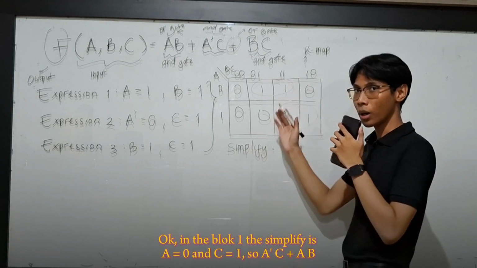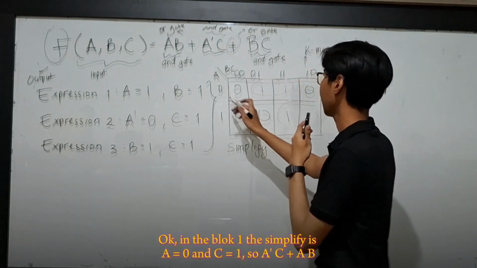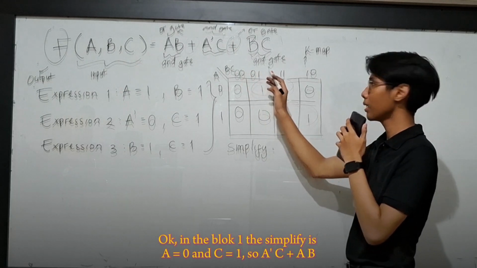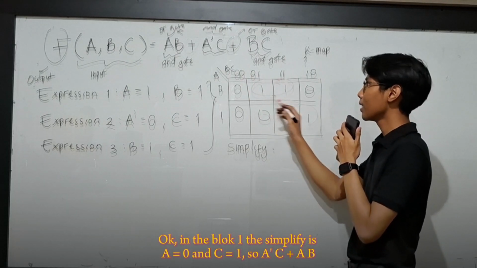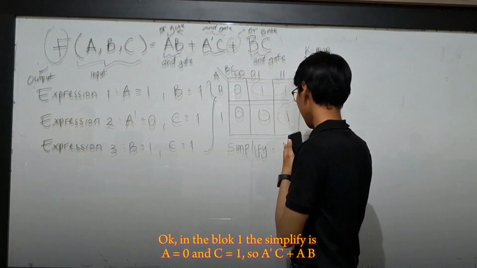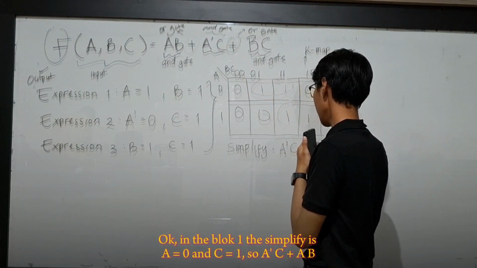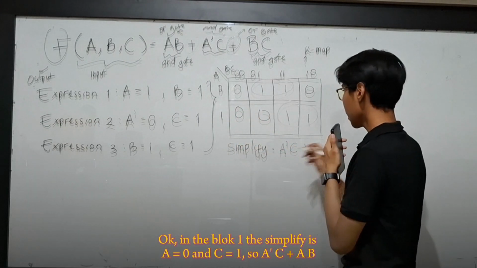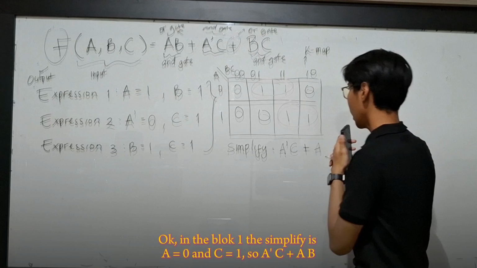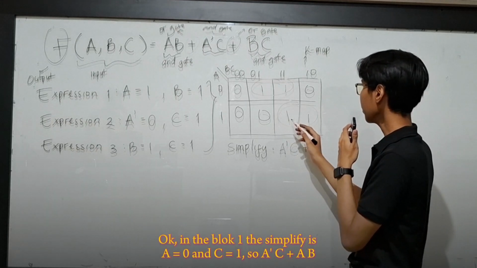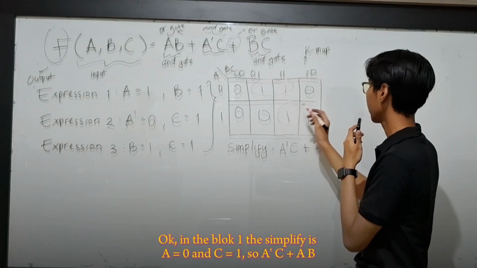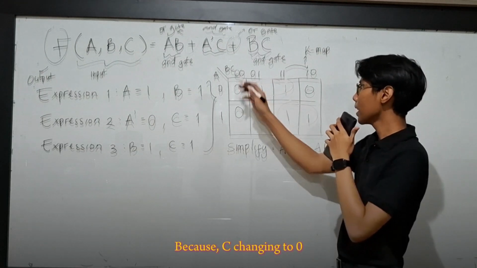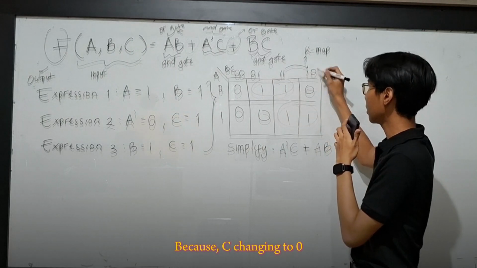In block 1, the simplification is A equals 0 and C equals 1, so A inverse times C, plus A times B, because C is changing to 0.